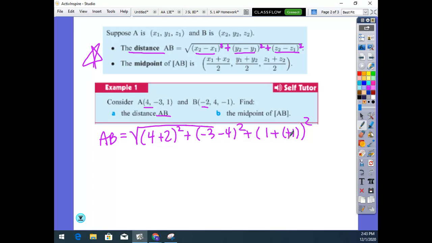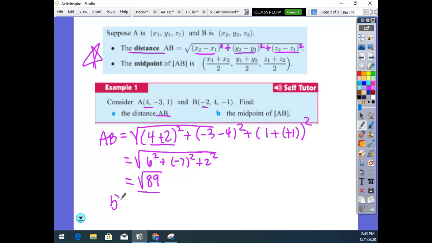So we subtract our negatives, that's just plus, that's where that came from. So this is 6 squared plus negative 7 squared plus 2 squared. We can plug all of that in, and then we end up with the square root of 89. So we'll just leave it. This is the exact value unless they specify something different. That's always okay too. All right.